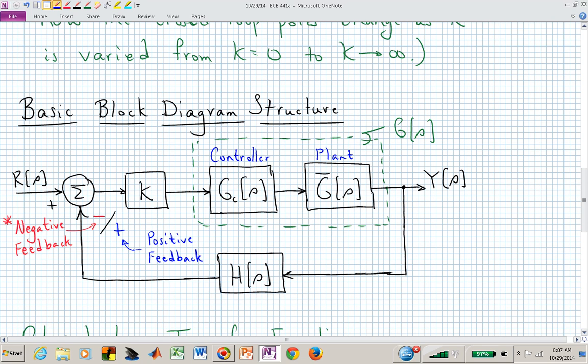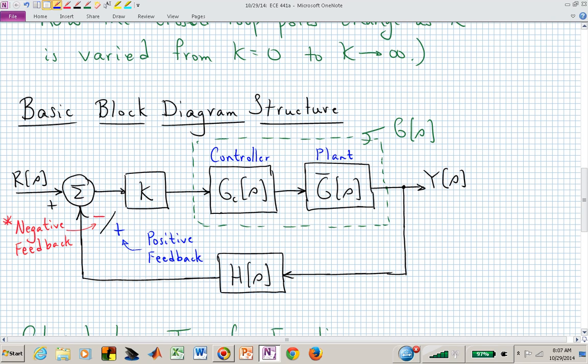We will typically use negative feedback, but sometimes your system may be set up so that you have an effective positive feedback loop, and then actually the rules change, or they change sign, obviously, but there's a sign change, and that changes some of the rules.